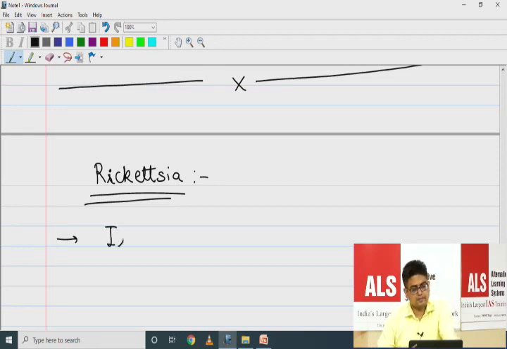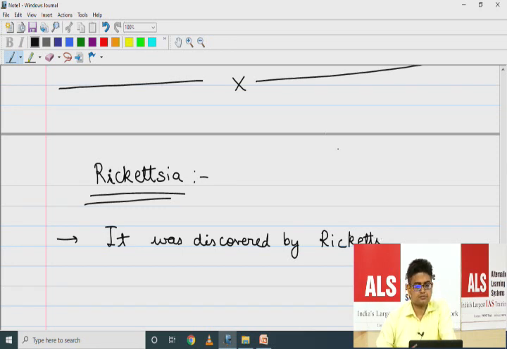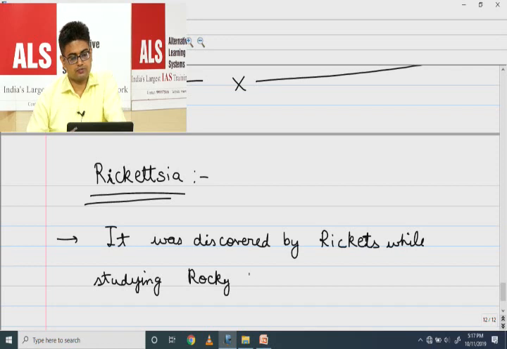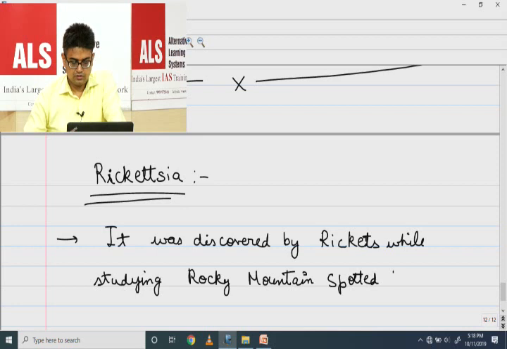It was discovered by Ricketts while studying Rocky Mountain spotted fever, also called Rocky Mountain fever or yellow fever.